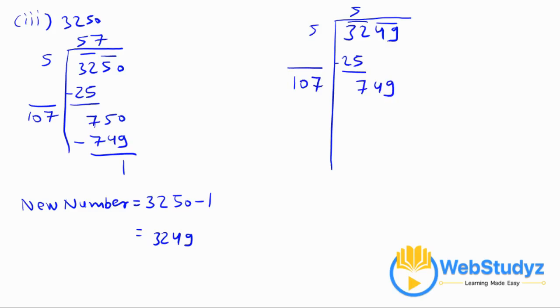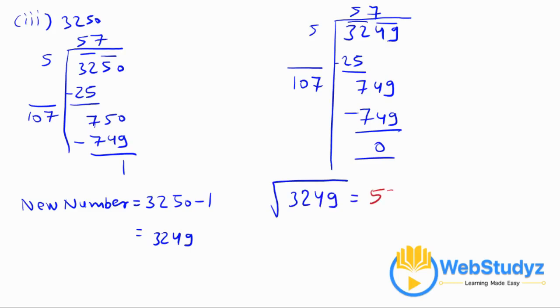If we take 7 as quotient, this will be 749. Subtracting this, we get remainder 0. That means the square root of 3249 will give us the value as 57, which is a perfect square. So we get this number by subtracting 1 from 3250.